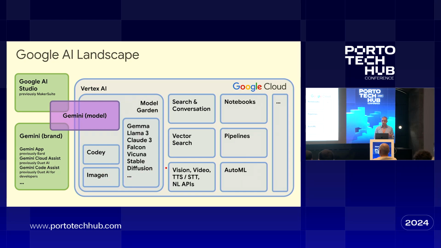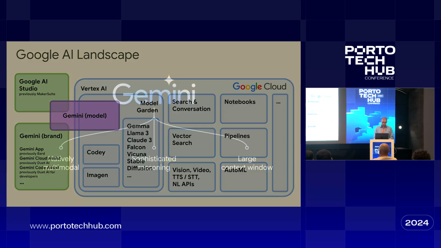You have image generation, code generation, vector databases, AutoML. There's a whole set of things in that platform, basically everything you need to build an AI-driven application. So you would switch to that, and then you would start deploying your LLM-driven applications there.